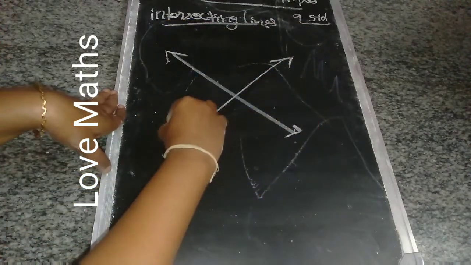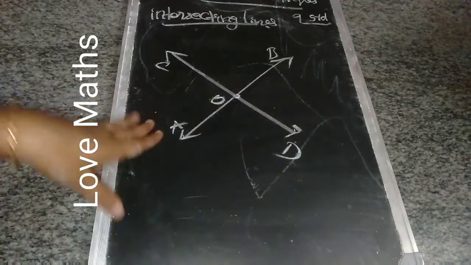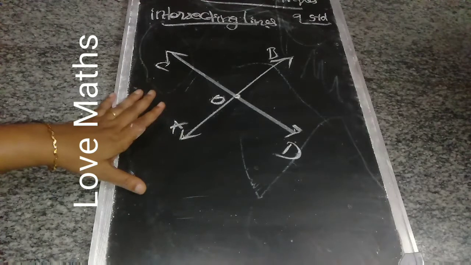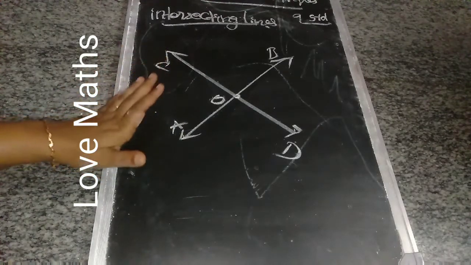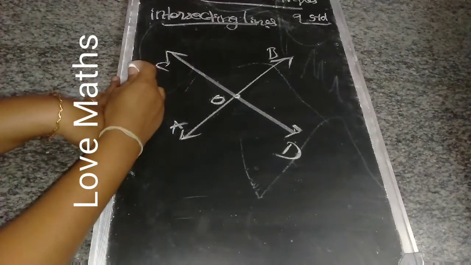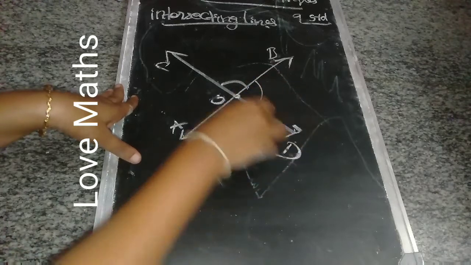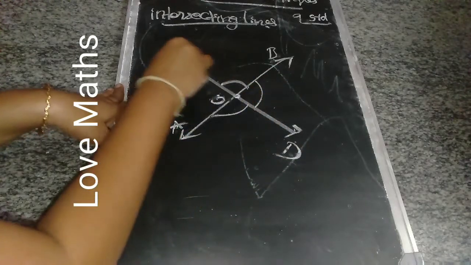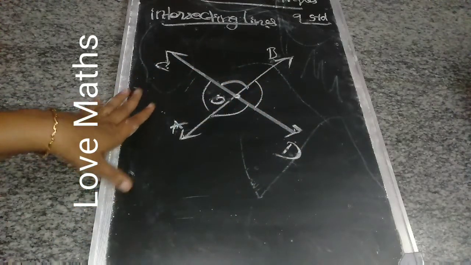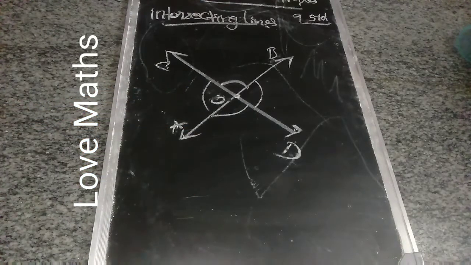So the line AB and the line CD intersect at the point O. How many angles are made? COB, BOD, DOA, then AOC. So four angles are there. When two lines intersect at a point, we get four angles. In these four angles, vertically opposite angles are equal.